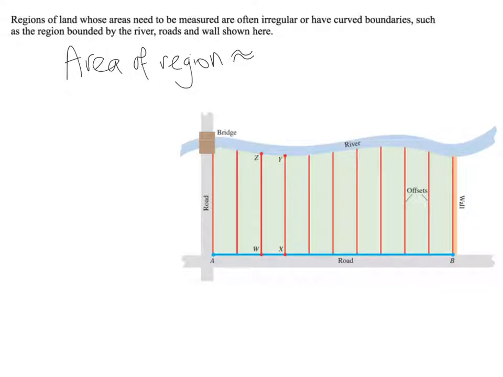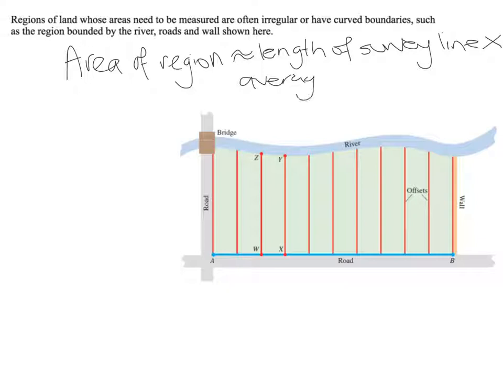You would do it all on one line. So length of survey line multiplied by the average of mid-ordinate lengths.